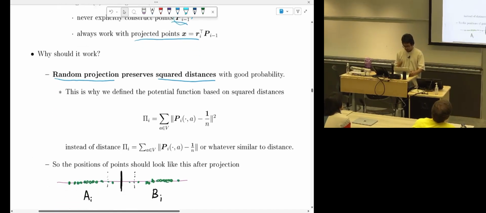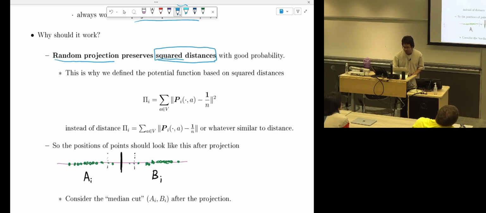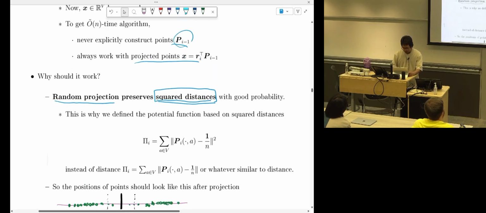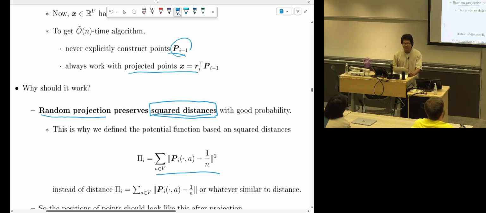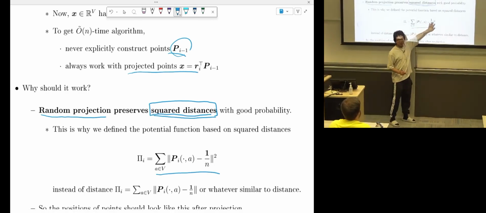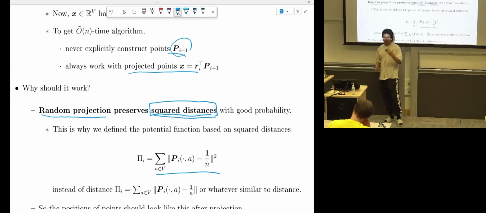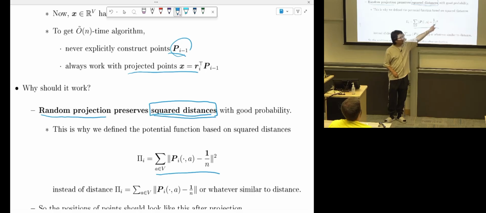Okay, so what is preserved is really not the distance but the square distance. So this is basically why we define our potential function to be based on square distance. The intuition so far is just we want to measure distance to average. This could be norm 2, norm square, or norm cube, or whatever. But because random projection preserves square distance, that's why we choose square distance here. Okay.